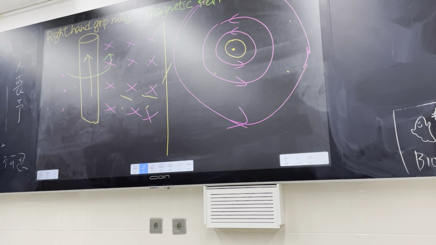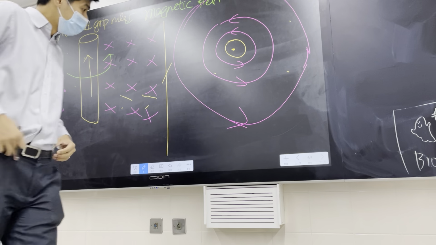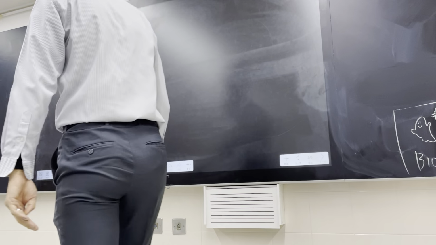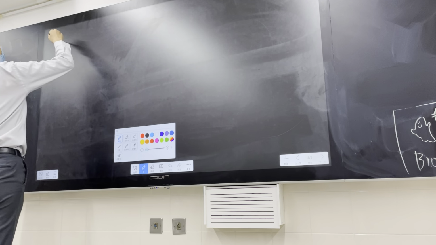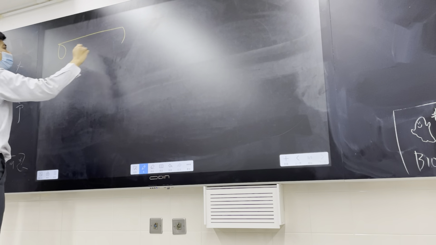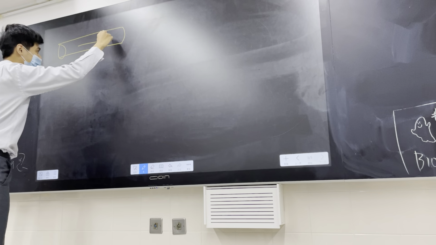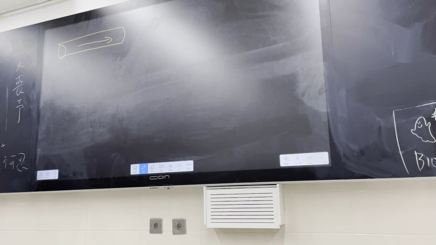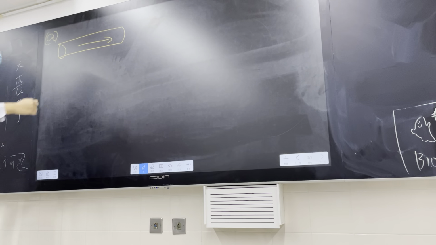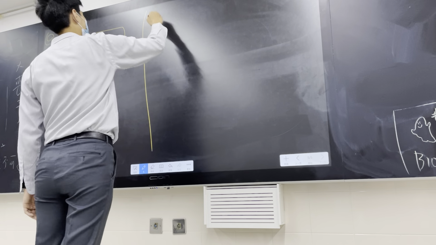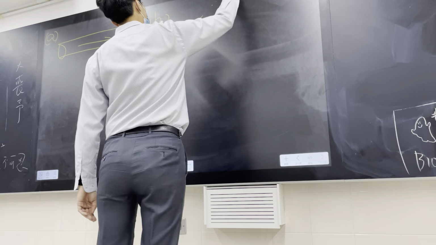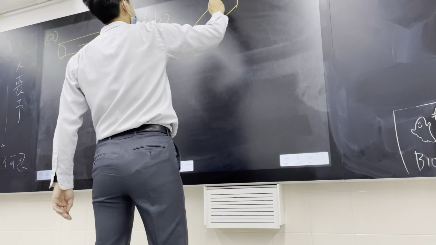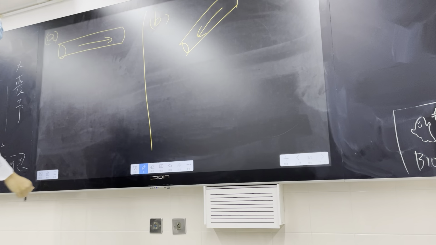So if you have a wire pointing to the right hand side, what's the direction of the magnetic field? If you have a wire pointing at a tilted angle, what's the direction of the magnetic field?